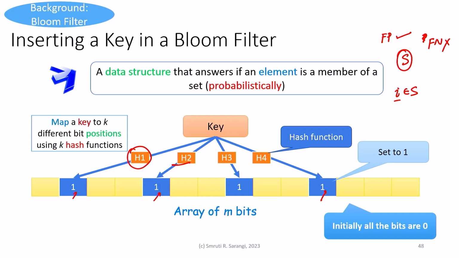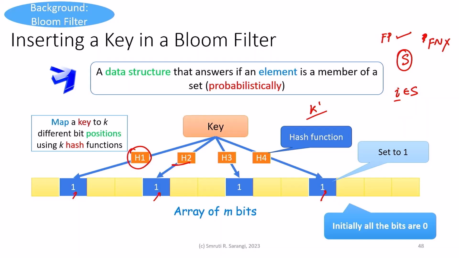All right. Now, if I want to test if, let's say, a certain key k dash is part of the set or not, then I again hash it with these 4 hash functions, which takes me to 4 locations in the bit vector. If all 4 locations are 1, I can say that the key is probably there.